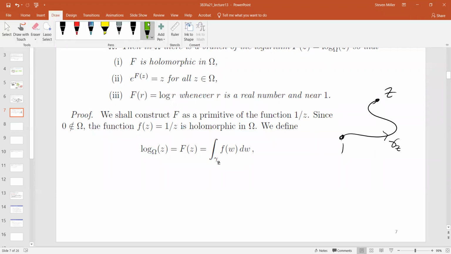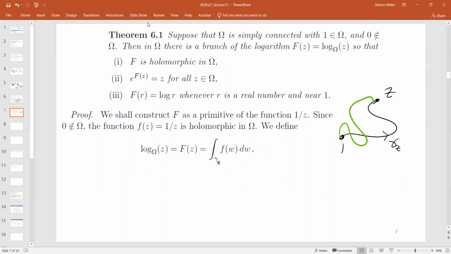So why doesn't it matter what path we take? What if we took another path? What would we know? Okay, so holomorphic, integrals equal, why are the integrals equal?